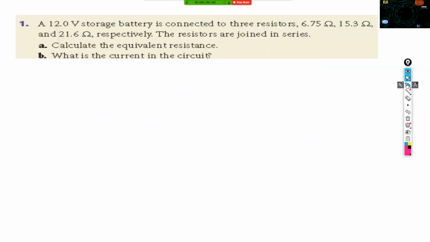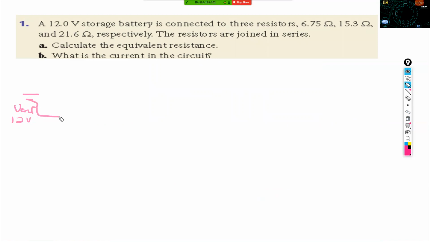Again, just to show you how I do them and set them up. You have a 12-volt battery source, so this is your EMF over here, 12 volts. You're going to have resistor 1, 2, and 3. And it doesn't really matter where you draw them, as long as they're all in series. I'm actually going to go to a smaller one.